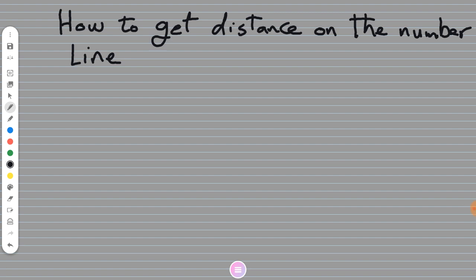If I have a number line like this, and I have 0 here in the middle, then 0.1, 0.2, 0.3, 0.5, 0.6. On the other side, negative 0.1, negative 0.2, negative 0.3, negative 0.4, negative 0.5.